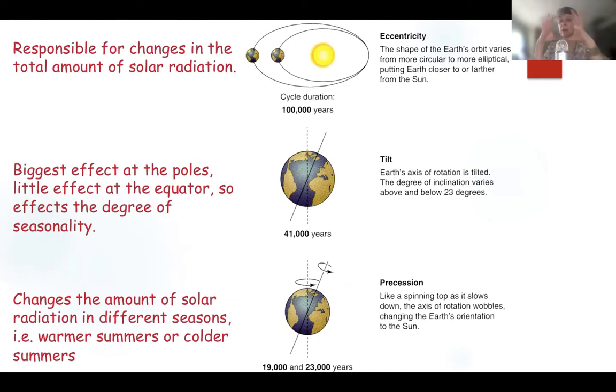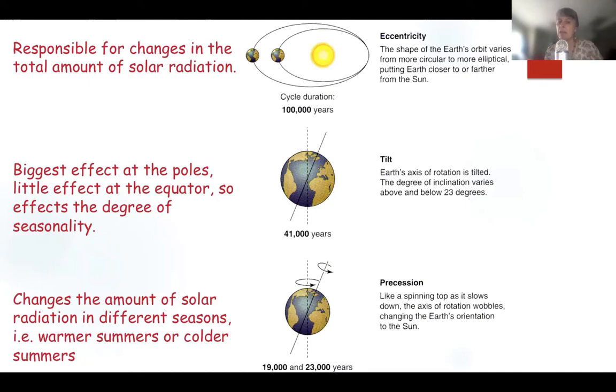It goes from circular to elliptical. And the sun is not in the middle of that orbit. It's off to one side of that orbit. And so on one side of the orbit, the Earth moves far away from the sun, and on the other side of the orbit, it's close to the sun. And there are 100,000 year and 400,000 year cycles within that. And so that's controlling the total amount of solar radiation.